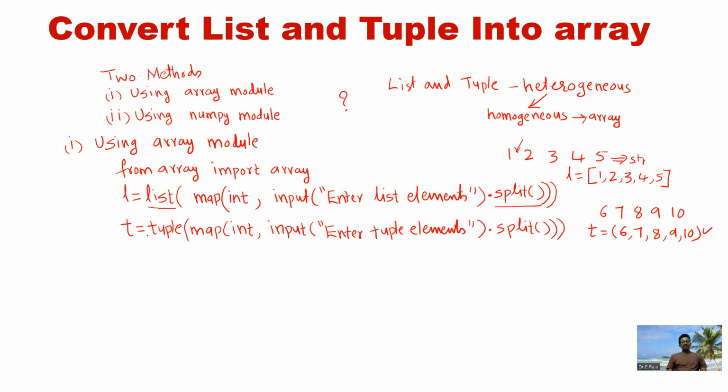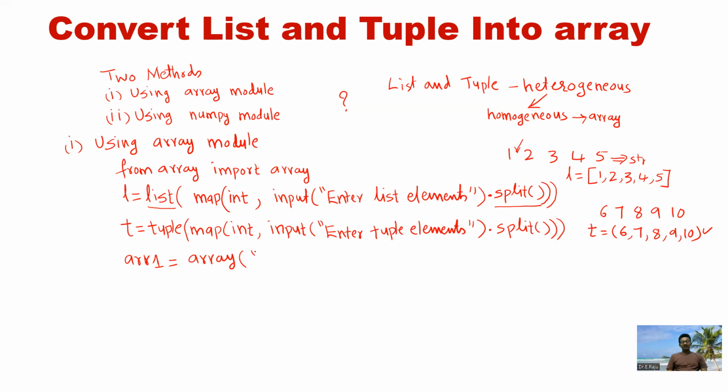Then we need to convert this list and tuple into an array. First, we convert the list into an array. I say array1 is equal to array, calling this array method here.